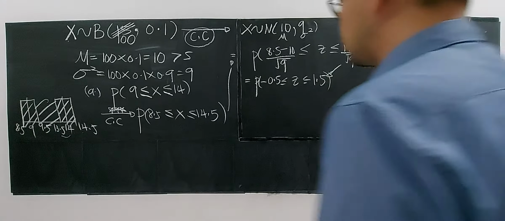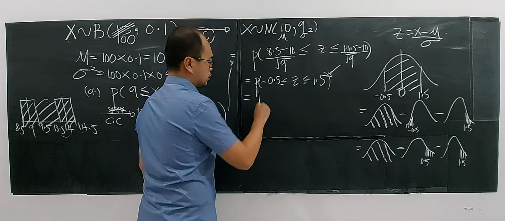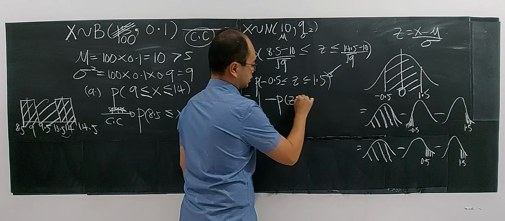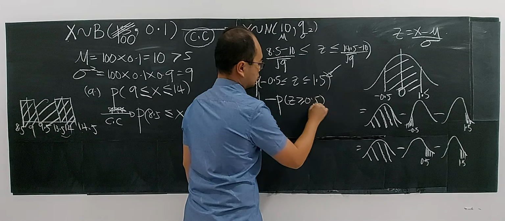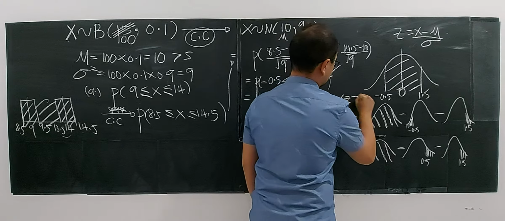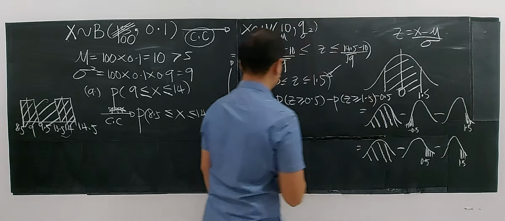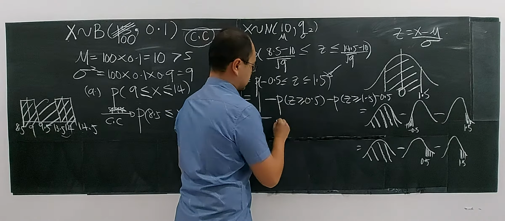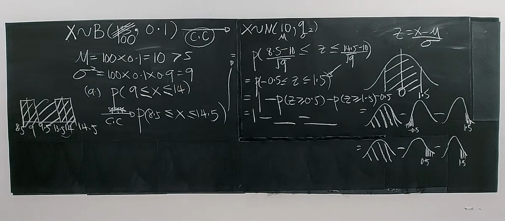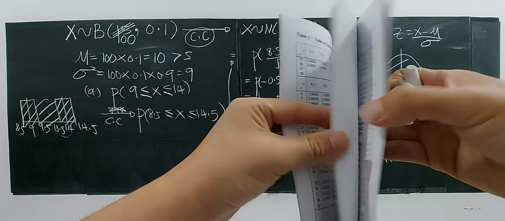So then I have to write this. I can convert this to 1 minus P(Z greater or equal 0.5), then minus P(Z greater or equal 1.5). You can read these values from the statistical table, Table 3, normal distribution.